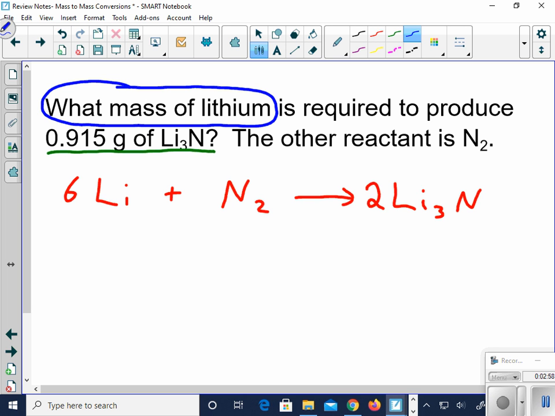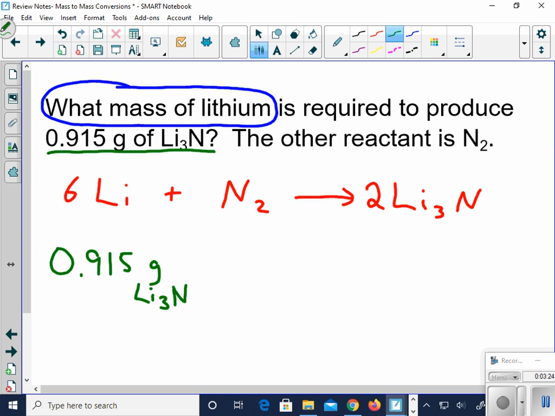Now I need to convert the substance to moles. So I look here and I say, okay, I have 0.915 grams of lithium nitride, correct? I need to convert that to moles.